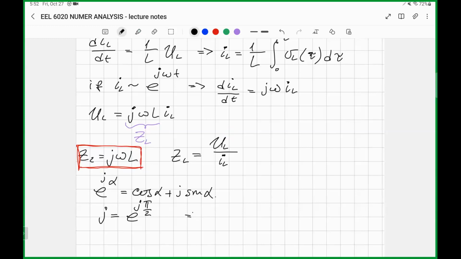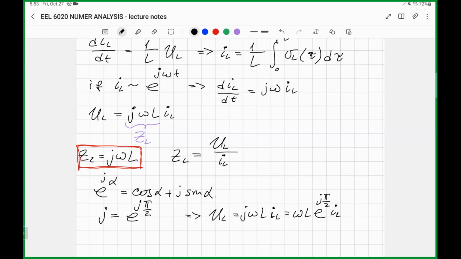If I substitute this formula for the imaginary unit into this equation, j omega L I_L becomes omega L e to the power of j pi over 2 I_L.